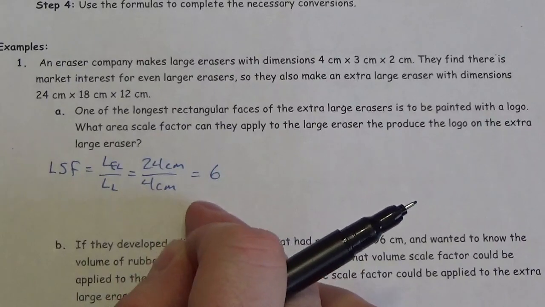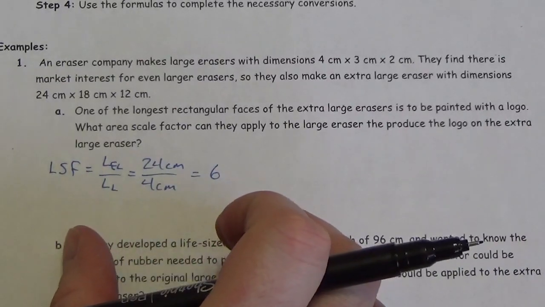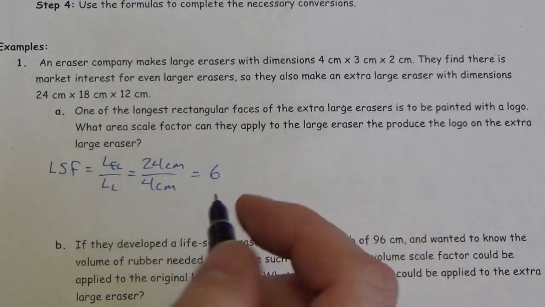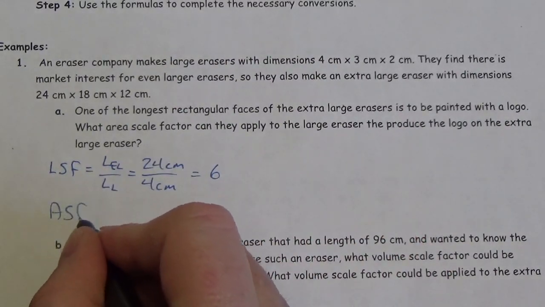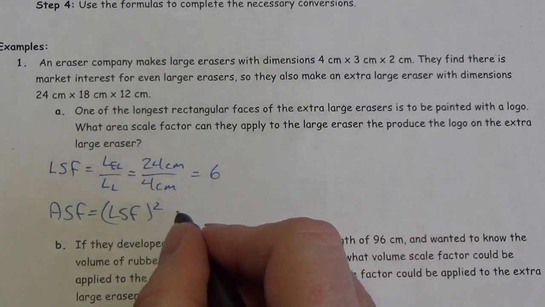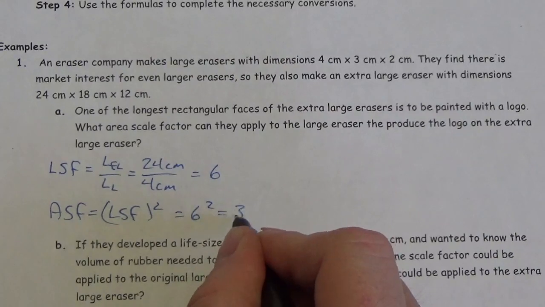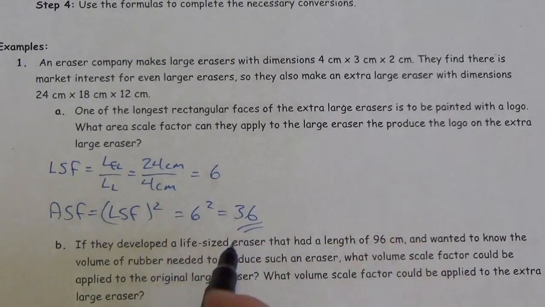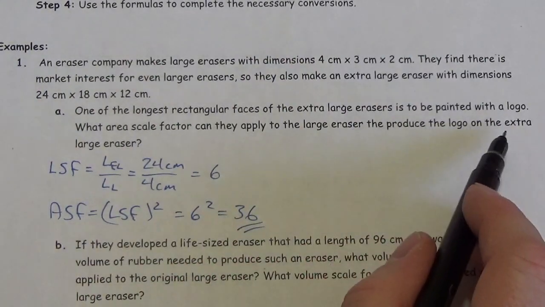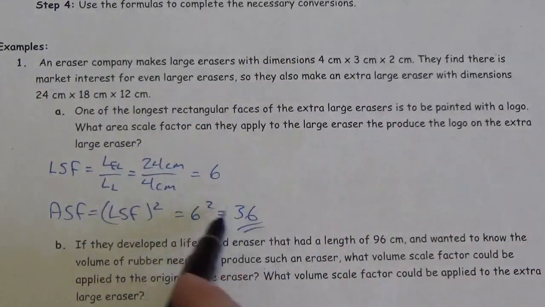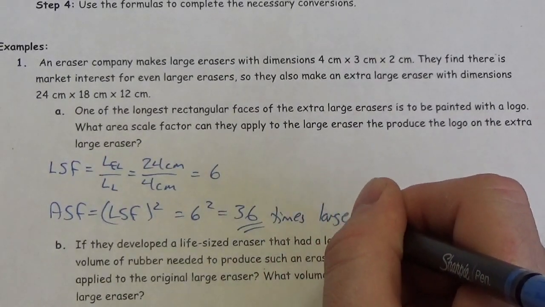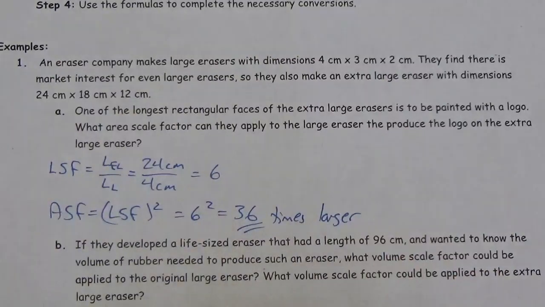That is our linear scale factor. If that is the linear scale factor, then my area scale factor is the linear scale factor squared. So this is going to be 6 squared, or 36. So that's what we're looking for here. What area scale factor can they apply to the large eraser to produce the logo for the extra large one? It's going to be 36 times larger in terms of area.